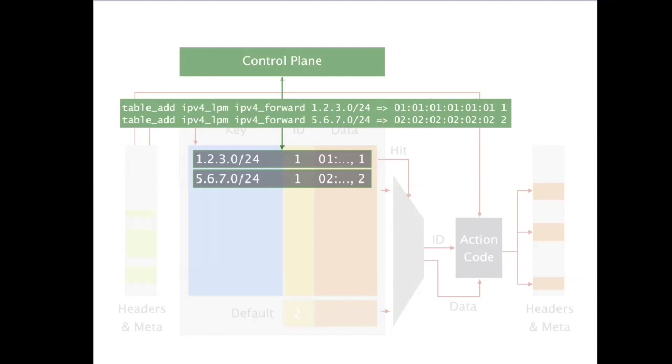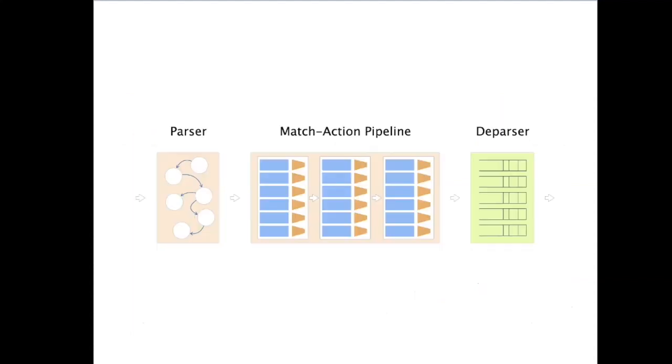Here, you add 2 entries in the table IPv4 LPM, and you are defining the IPv4 forward action on prefixes 123/24 and 567/24. Then you give the 2 parameters which are required, the MAC address and the port. And that's kind of it. It's very simple in this case, but it works and does the job.